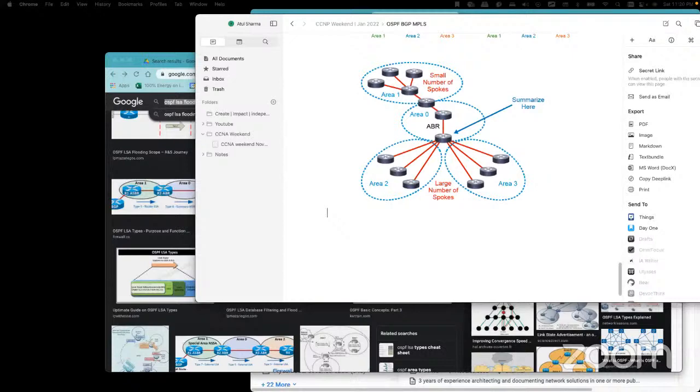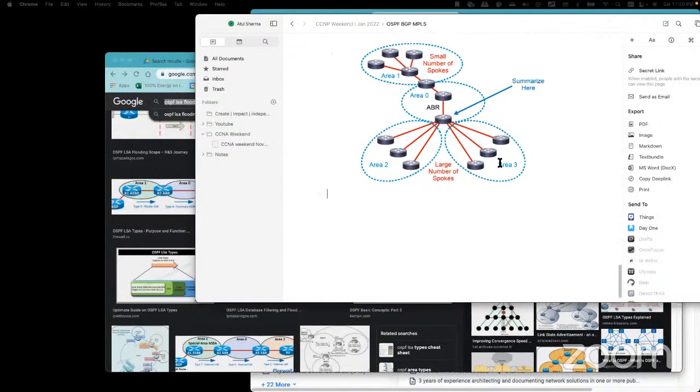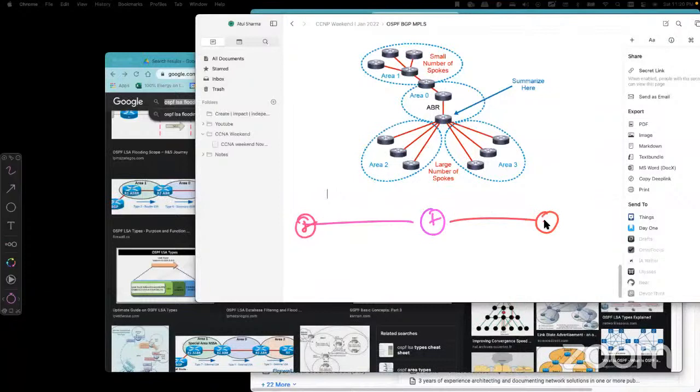Sir, can you explain the previous loopback example? Okay, bro. When we configure OSPF, have you configured CCNA OSPF till now? Yes, sir.